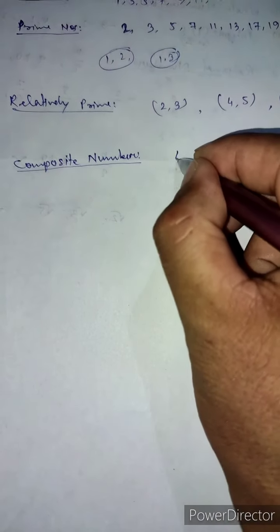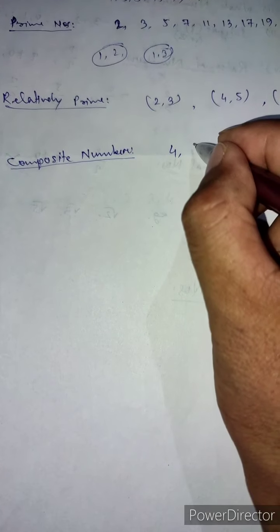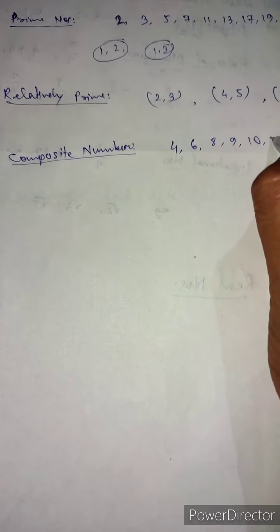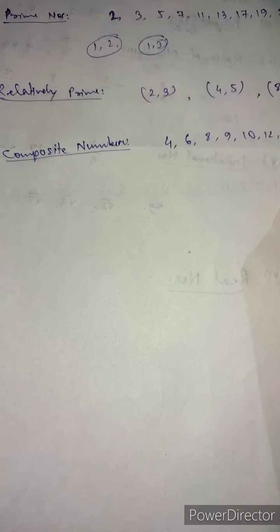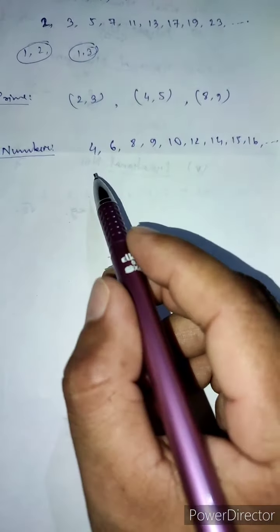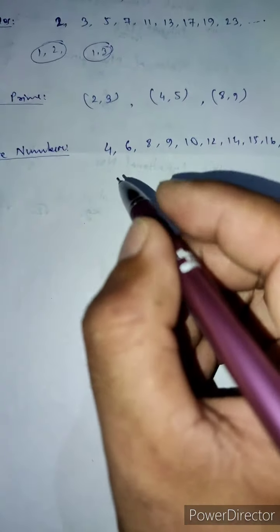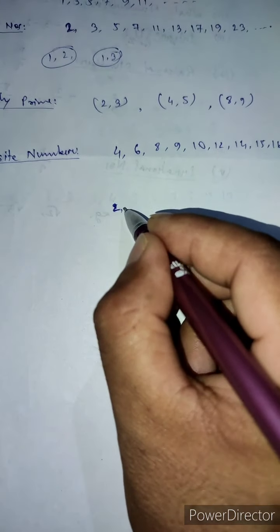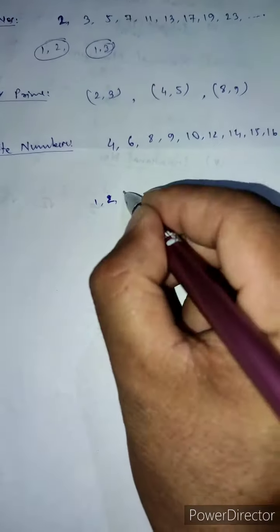As for example, we can take 4, 6, 8, 9, 10, 12, 14, 15, 16, etc. So these are composite because 4 can be divided by 2, also by 1 and 4.